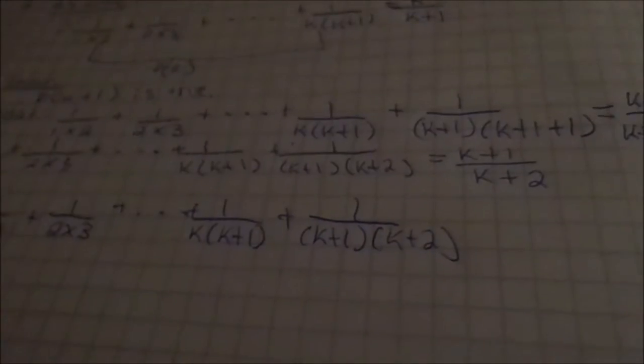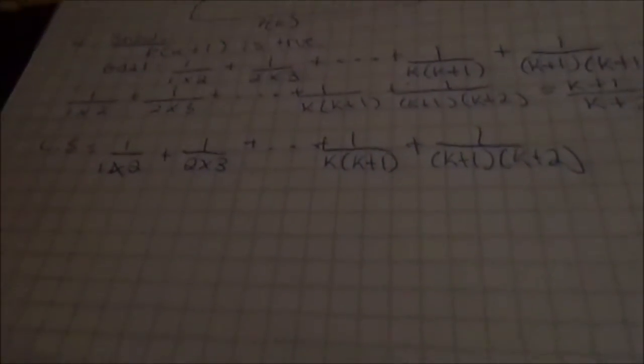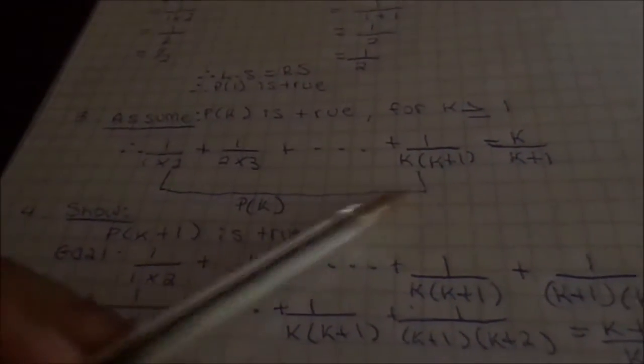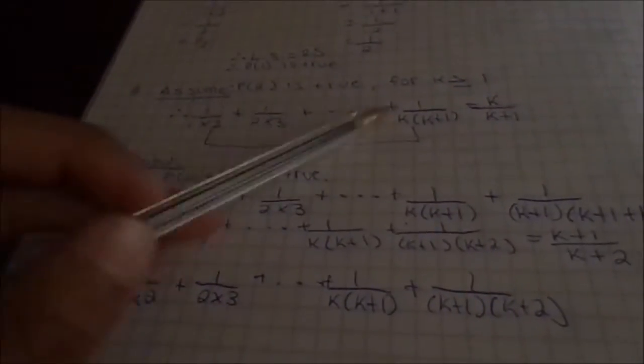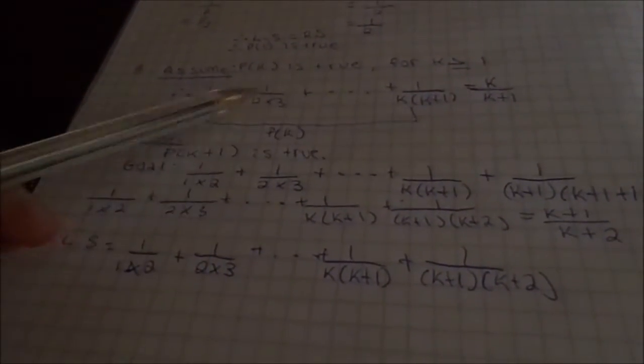Okay, and now if you see from step 3, which is here, PK is all that, right? So I'm just going to write that down. So this part here, from here to here, is PK.